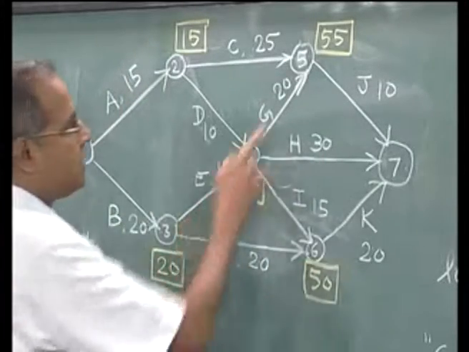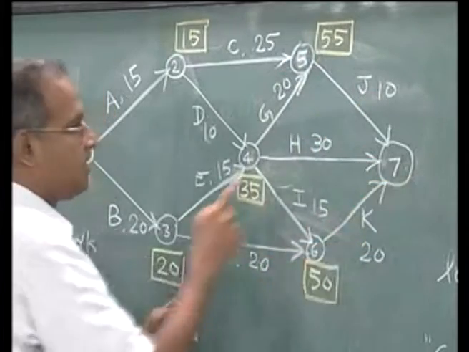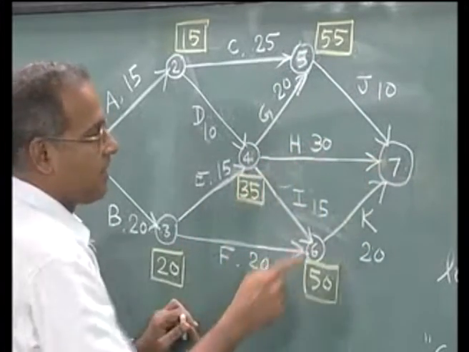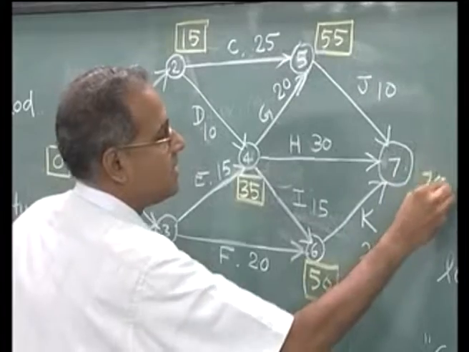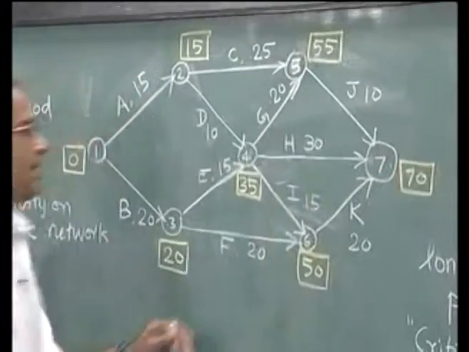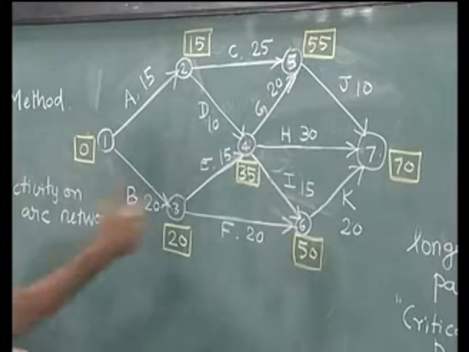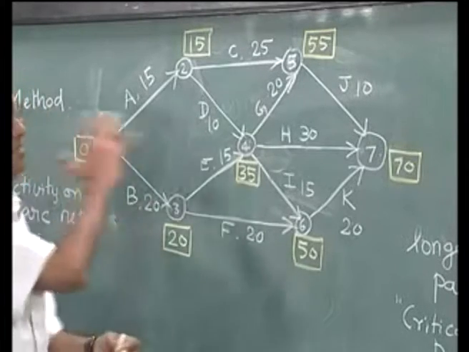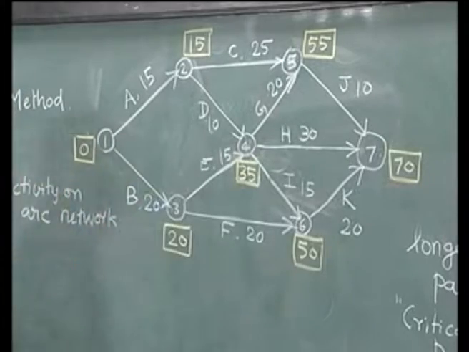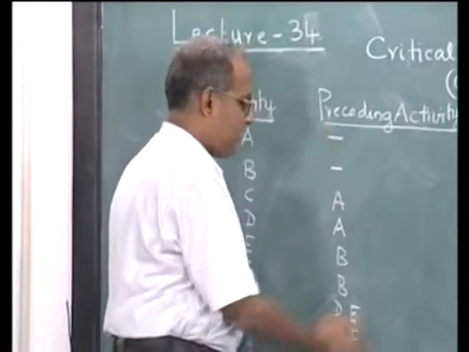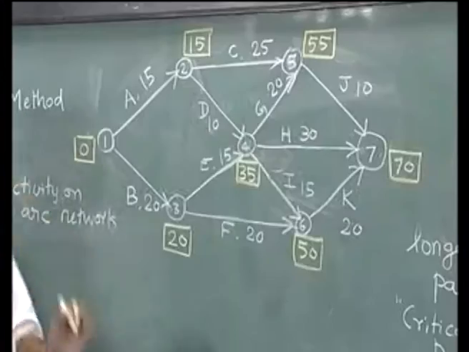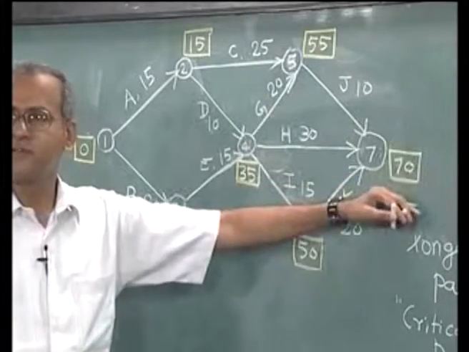And for 7, 55 plus 10 is 65, 35 plus 30 is 65, 50 plus 20 is 70. So, based on this labeling procedure, we say that the earliest time to complete all the activities, with the given precedence and durations, is 70 units of time.